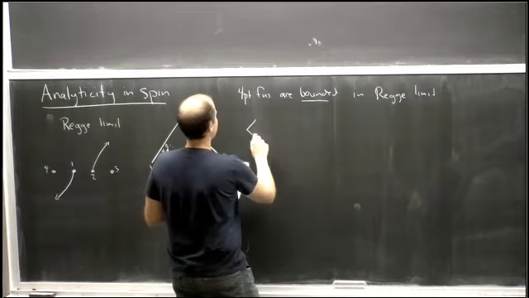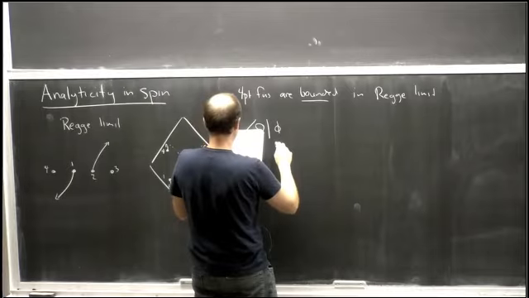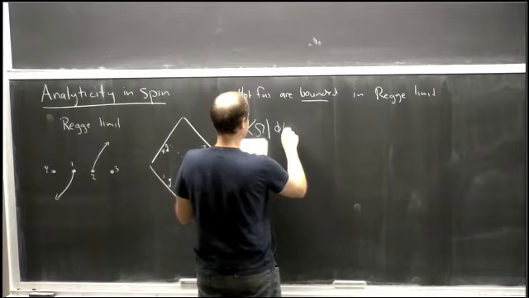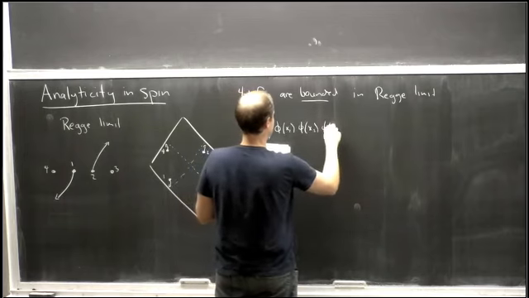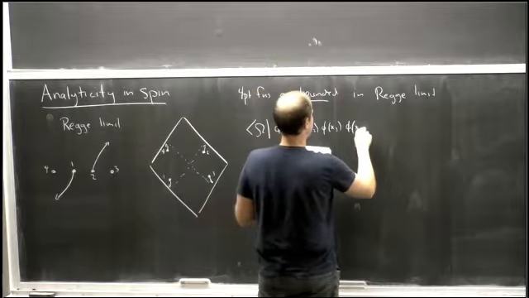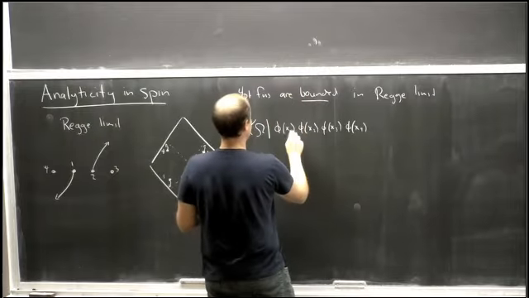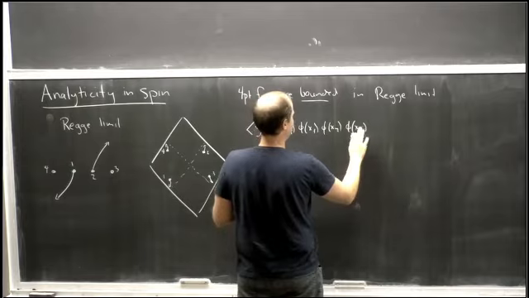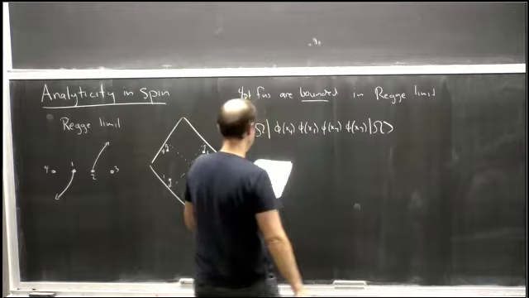Let's look at a 4-point function. We have some conformal block decomposition. And actually, the important ordering for us is going to be 4, 1, 2, 3. I'll explain that in a little bit. Okay, so we're going to look at this 4-point function.